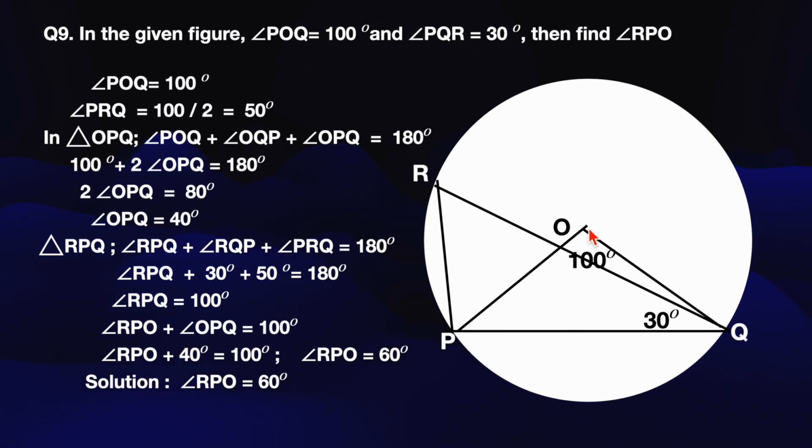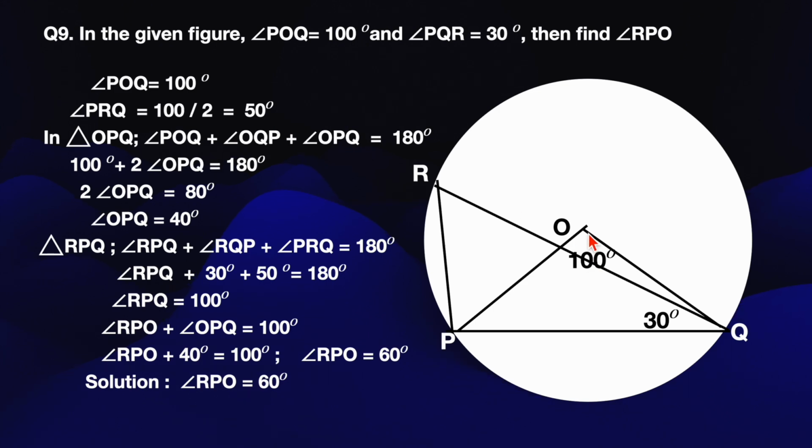This is the angle subtended at the center, and this angle is subtended at any point, this point R on the circle. So the value of this angle is equal to 100 upon 2, that is 50. All these rules we did in detail in the previous exercise 4.3. Please go through that. So this angle becomes 100 upon 2, that is 50 degrees.